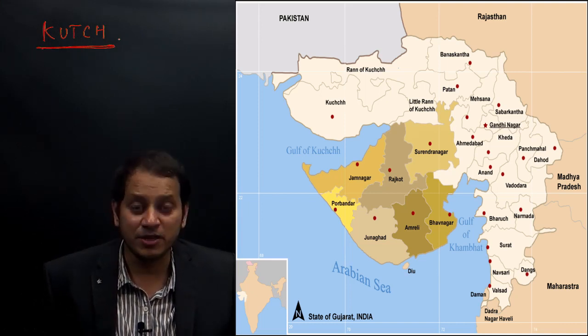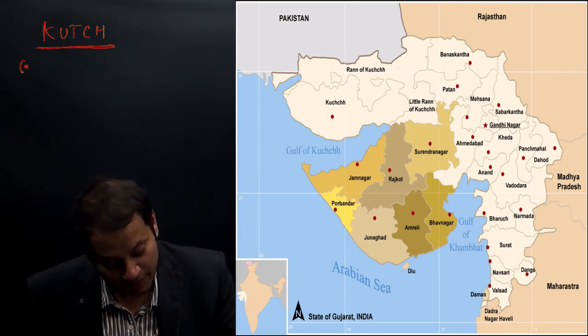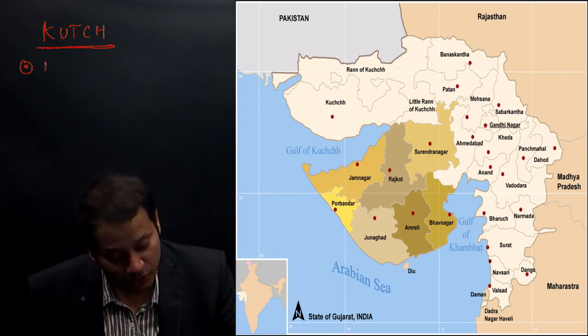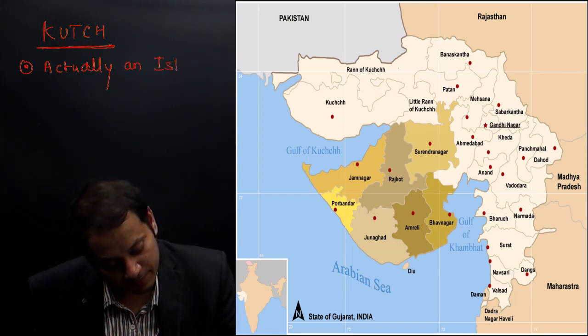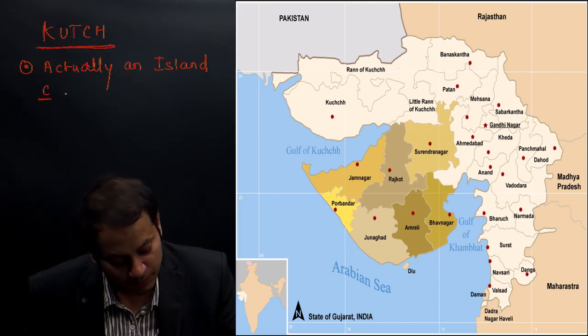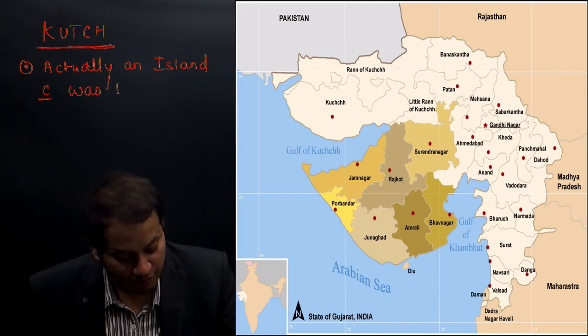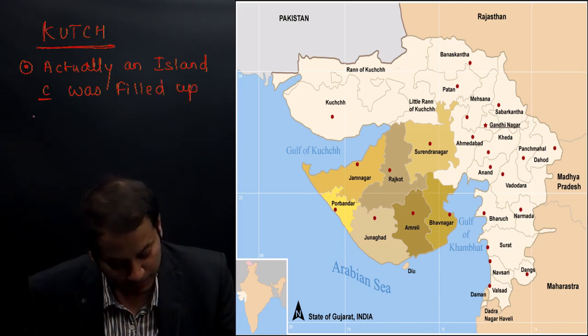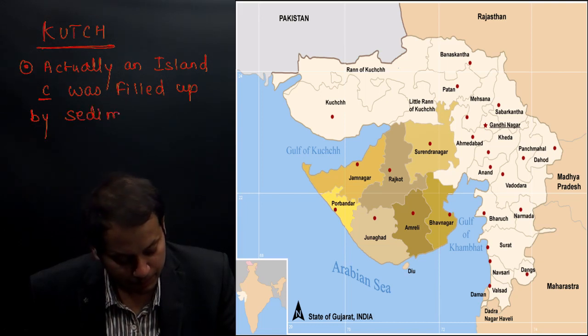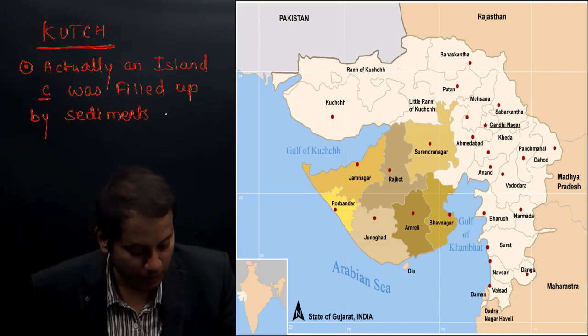The Kutch Peninsula is an example of an emerged coastline. It was actually an island which was filled up by the sediments brought down by the rivers.